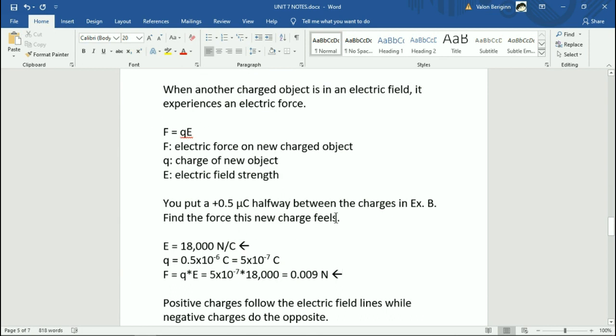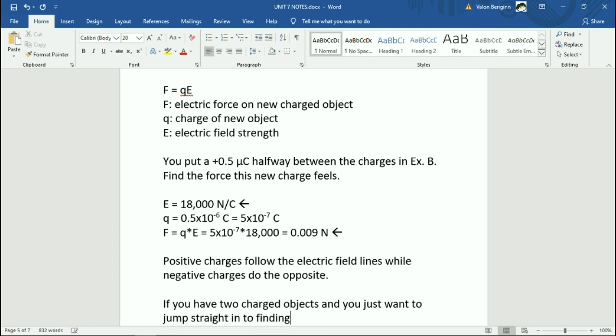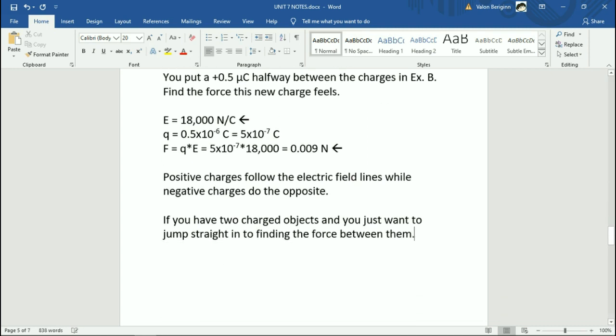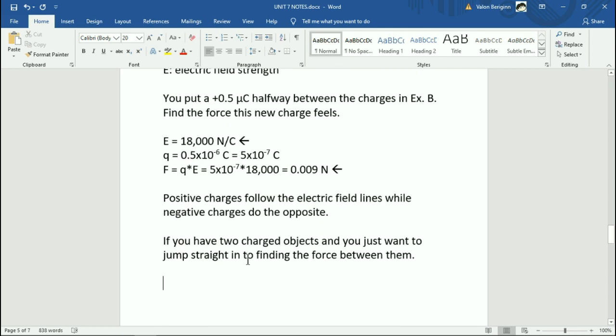For example, if you have two charged objects and you just want to jump straight into finding the force between them, you can do this. Think about the formula we had up here: force equals Q times the field, F equals Q times E. Well, remember, what is our electric field equation?